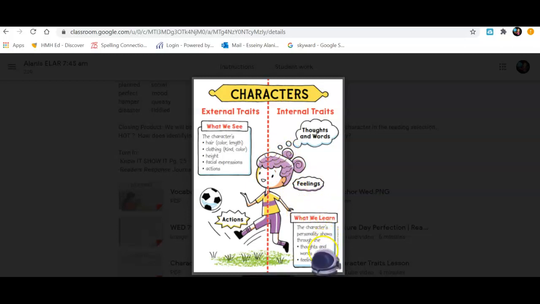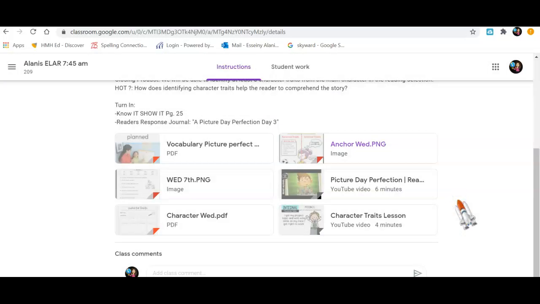The character's personality shows through the thoughts and words and feelings. And then remember, the external is what they're acting out, what they're doing, what we can see on the outside. So as we're reading the story, we need to think about that.